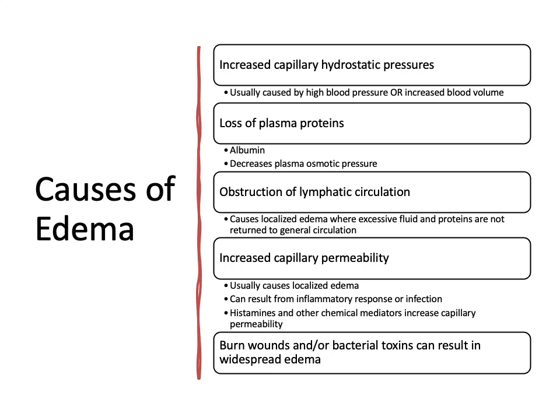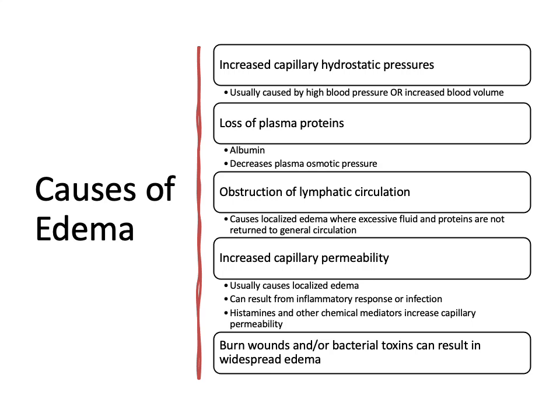Sometimes, when you have increased capillary permeability, that's a direct result of having an injury or an inflammatory response or even infection. So, when our capillaries are permeable, that means they open up and they allow more fluid to come into those areas, especially if it's damage due to injury or an inflammatory response. So, increased capillary permeability can cause edema as well.